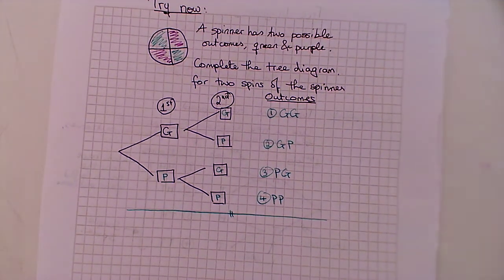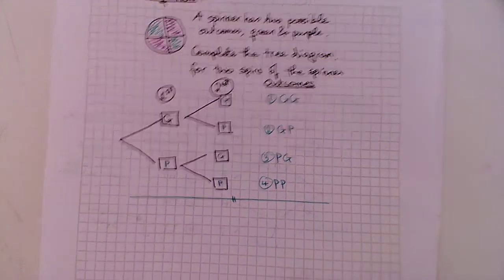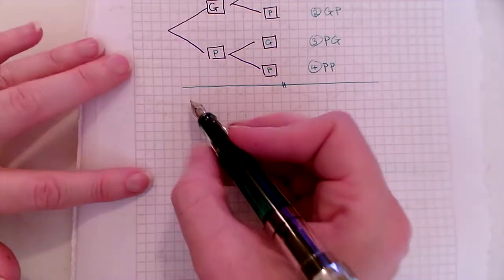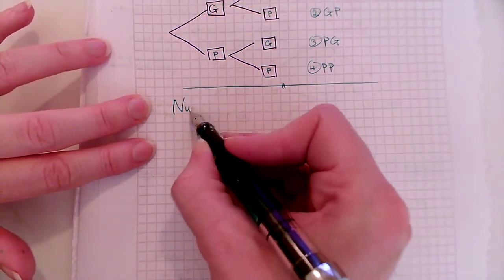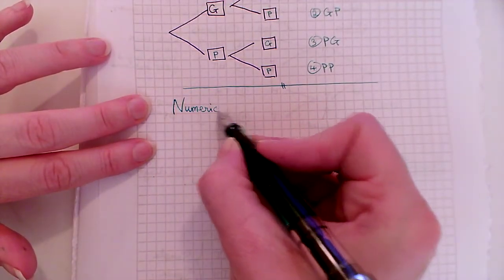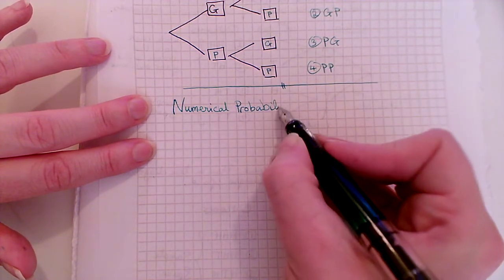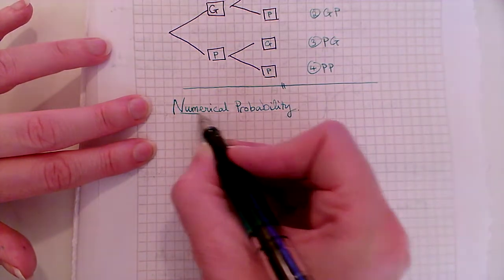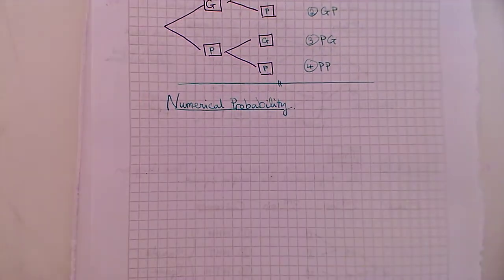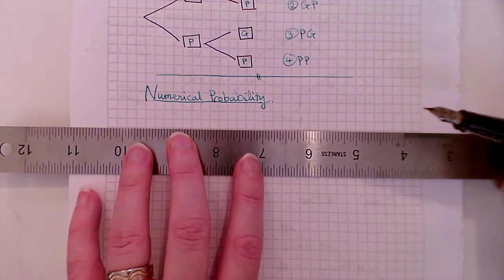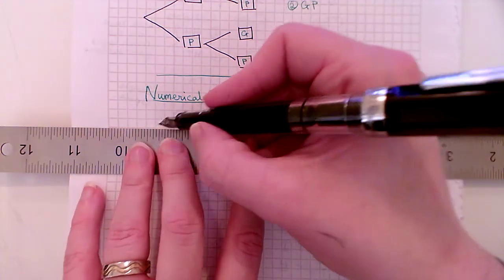Now, moving on to the next topic, we're going to talk about numerical probability. Earlier in the week, we drew our probability scale and we wrote down some words describing different probabilities.